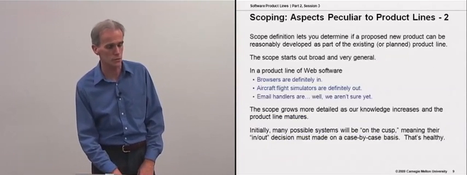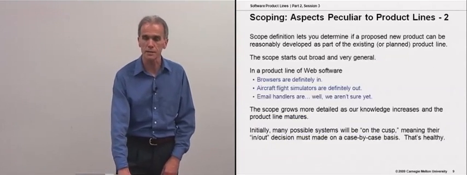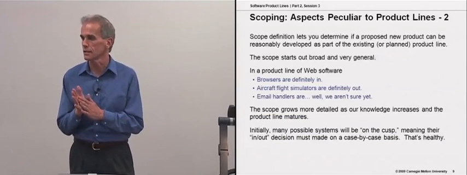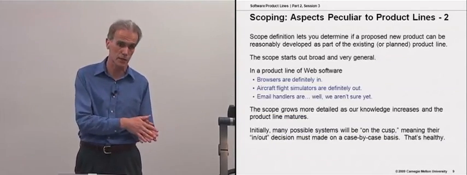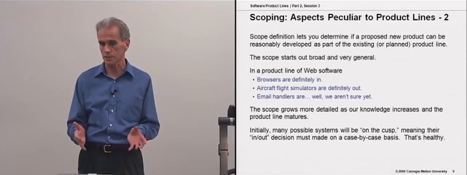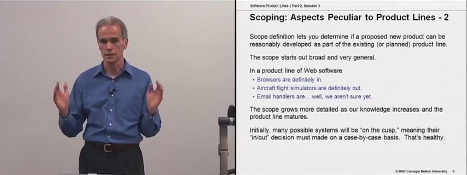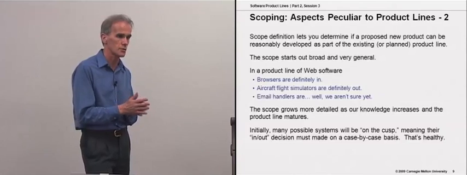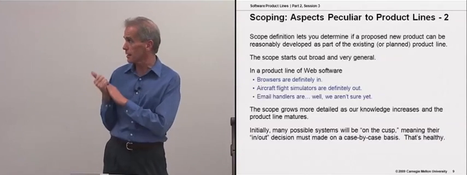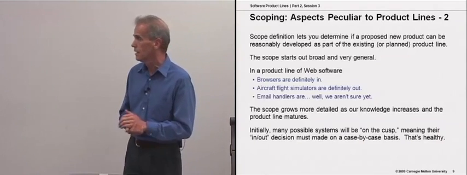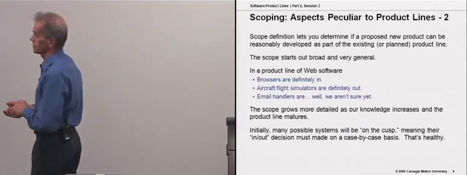So when you come to scoping, it may start out as, for example, an initial list of products that we have in the marketplace now, plus maybe some potential future products, as the working set of products that are within the scope of a product line. So it could be pretty vague. The example here says that we're building a product line of web software, which is already pretty vague in and of itself.